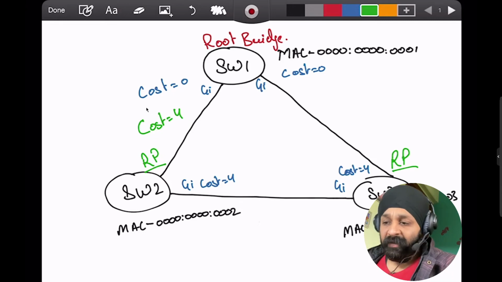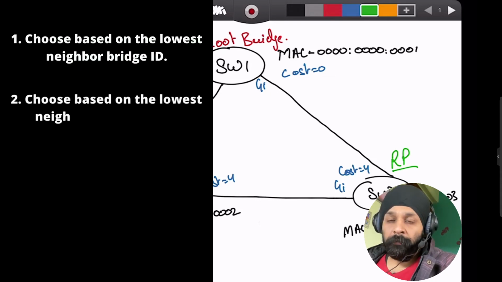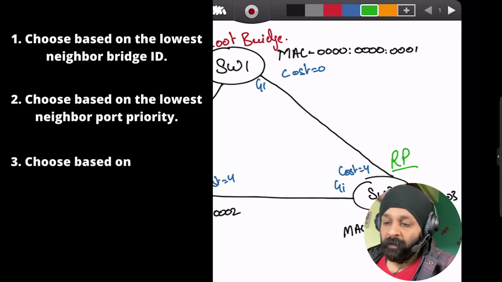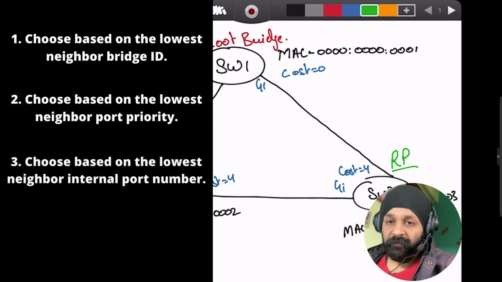The second: even if both the ports are connected to the same bridge ID, meaning both ports are connected to the same bridge, in that case a lower port priority on the neighbor switch will become the root port. If that is also not there, then the internal port number of the neighbor, whichever is lower, connected to the lower port, will become the root port. So that is how the tie for the root port will be broken.